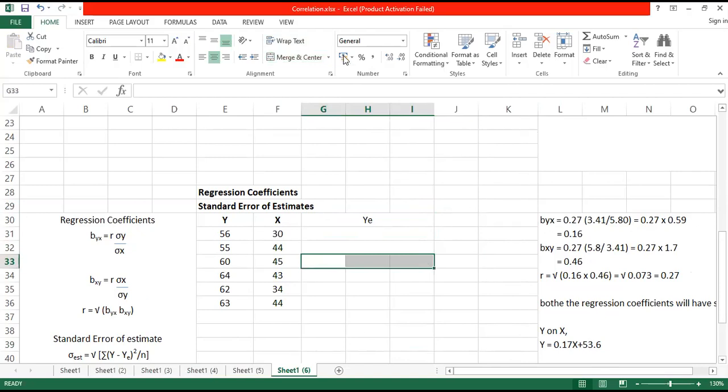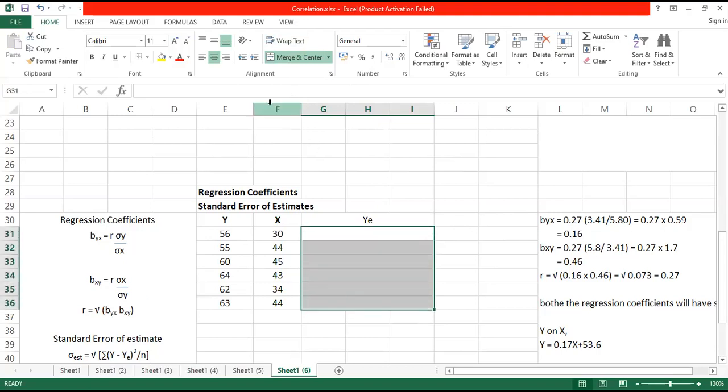So I can write, for x equals 30, what will be the estimated y from this equation, right? One, we have an actual y, right?